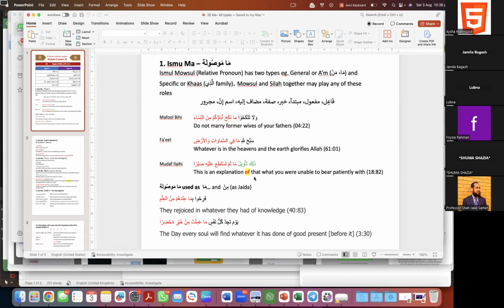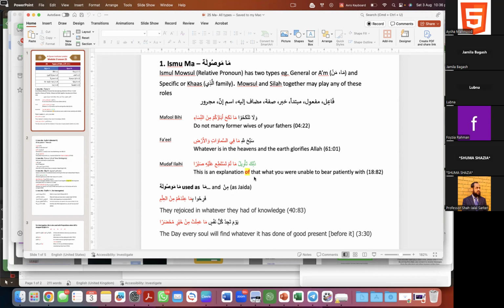We have three examples here to show how a Jumlatul Mawsul can be Maf'ul bihi as a compound sentence, how a fa'il can be a compound Jumlatul Mawsul, and how a Mudhaf ilayhi can be a Jumlatul Mawsul. Pay attention, okay? We're going to the next level, inshallah.